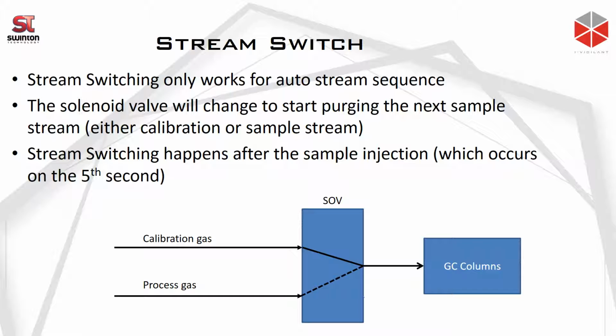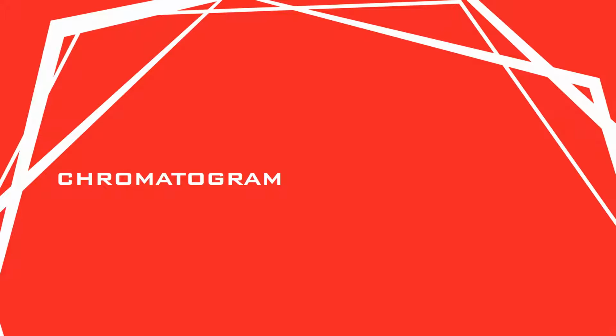The stream switching happens after the sample injection, which normally happens at around 5 seconds. The stream switching itself sometimes happens at around 7 seconds, but it varies on different GCs. So that's basically most of the event timing that we need to understand inside the GC.